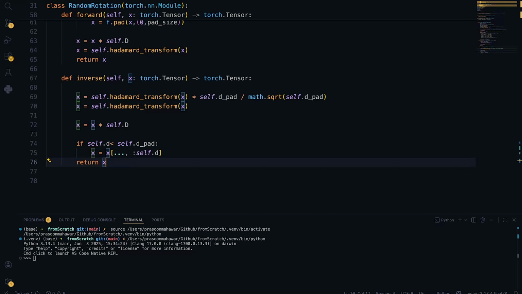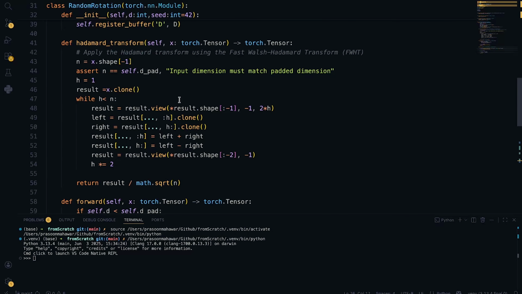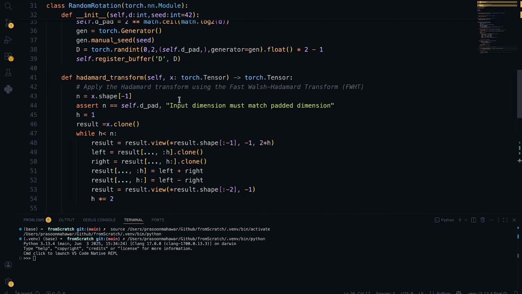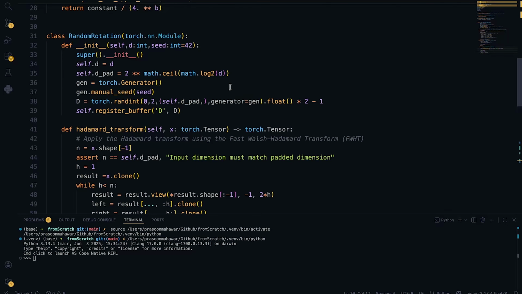So let me walk you through the implementation carefully. We use a structured random rotation instead of a full random orthogonal matrix. A full random d cross d rotation would require order of d squared multiply accumulates.